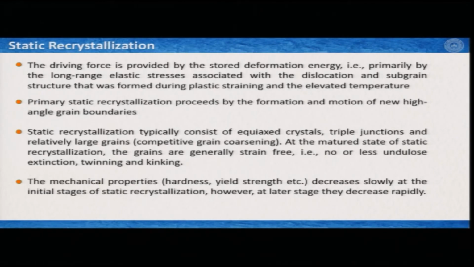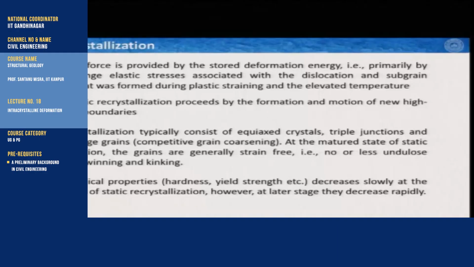Static recrystallization typically consists of equiaxed crystals. That means the crystals are mostly of similar size. The microstructure is also characterized by triple junctions, and the grain size is relatively larger, and this grain growth is known as competitive grain coarsening.